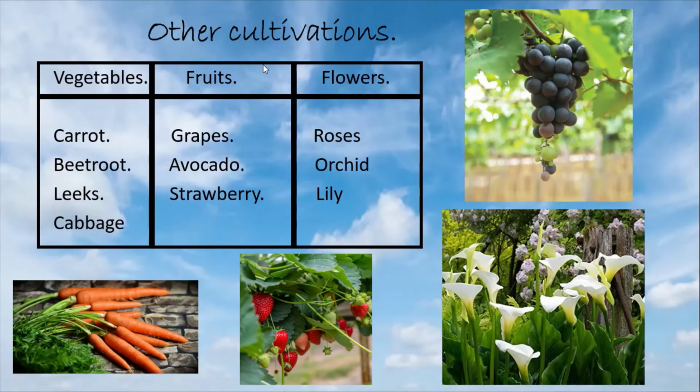The people in these regions also cultivate these crops as their livelihood. Therefore, vegetables like carrot, beetroot, leeks, cabbage, fruits like grapes, avocado, and strawberry, and flowers like roses, orchid, and lily are grown here.